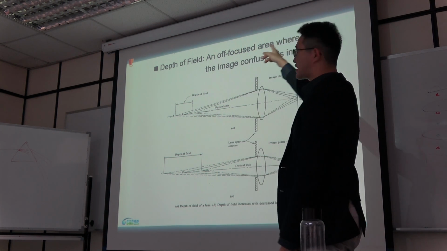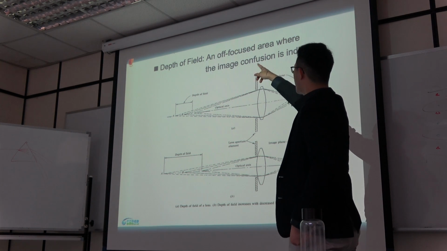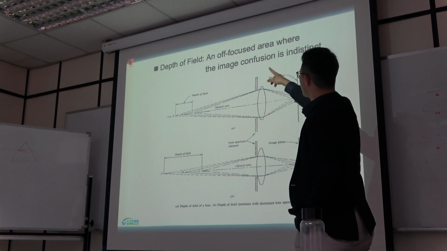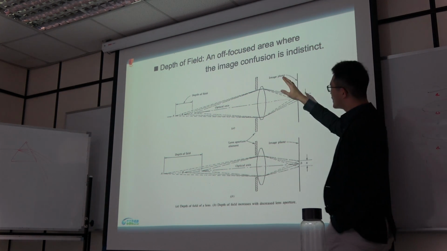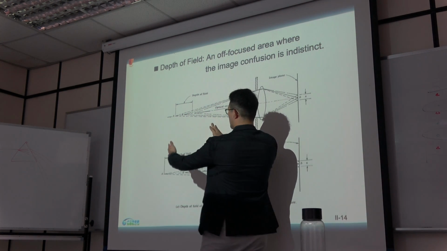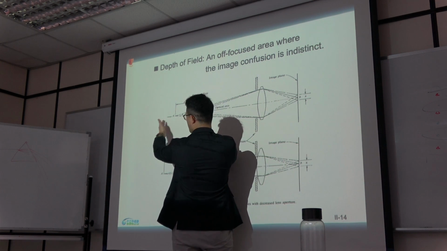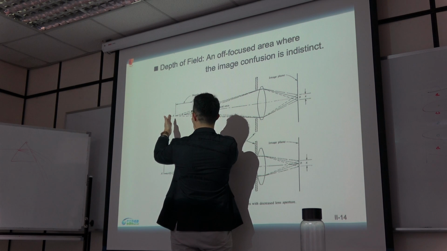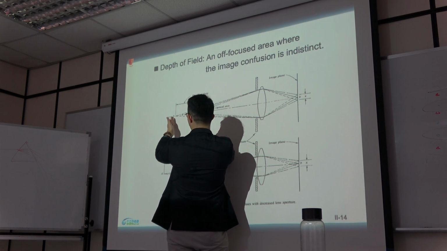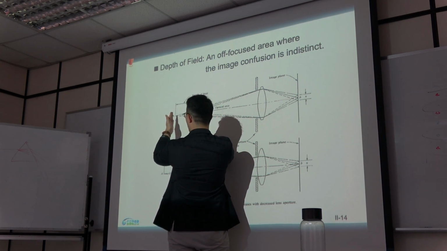So what exactly is the depth of field? It's the in-focus area where the image confusion is indistinct. This means the depth of field is the range in object space: if any object is located within this distance, you will consider it clear on your image.